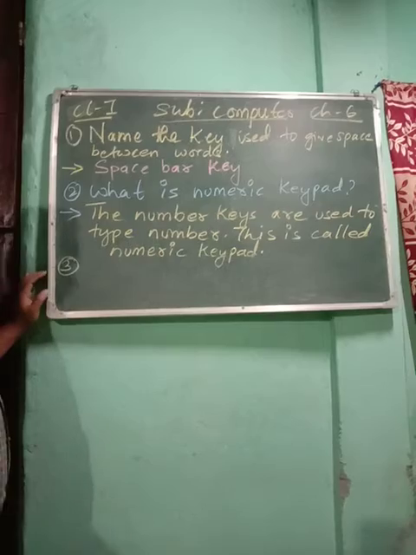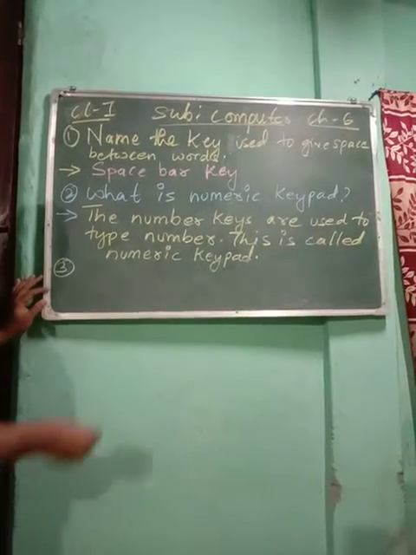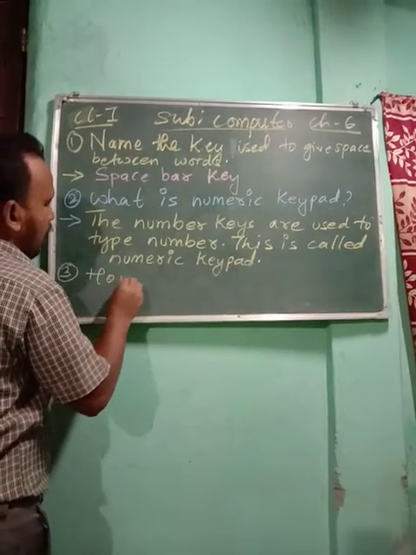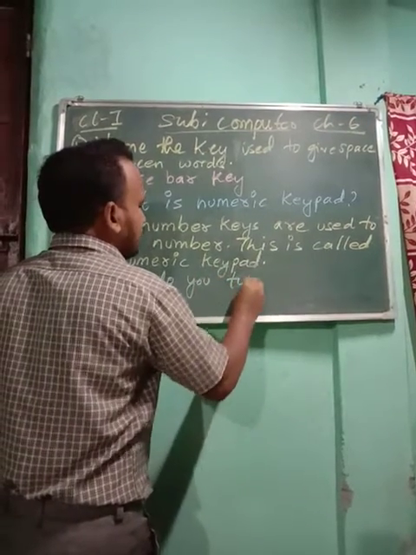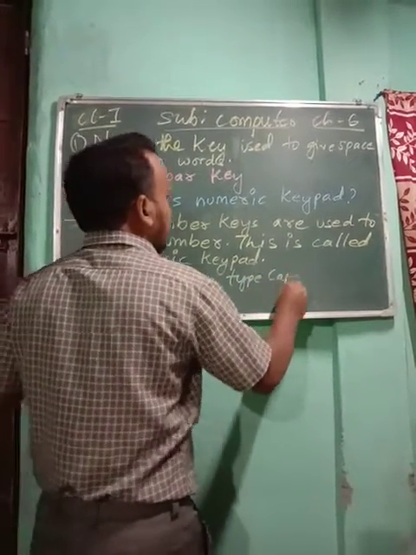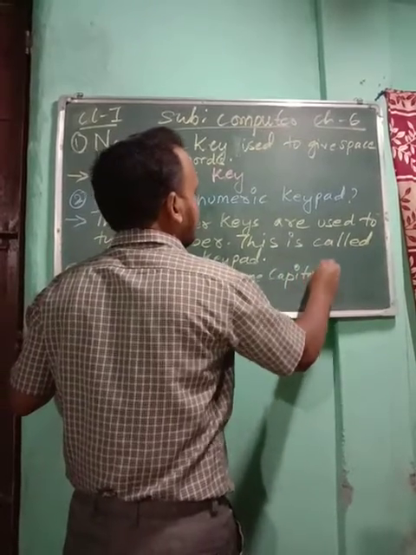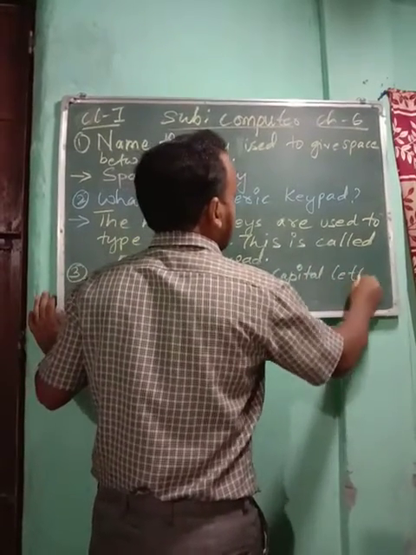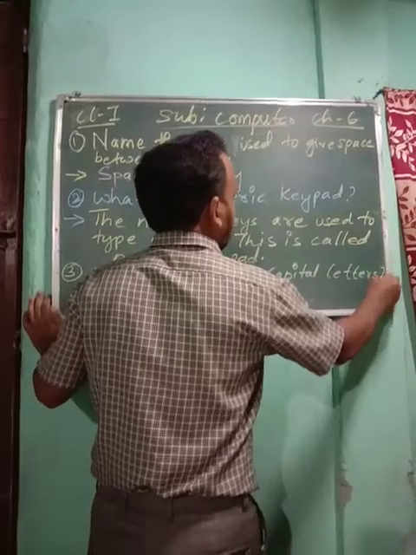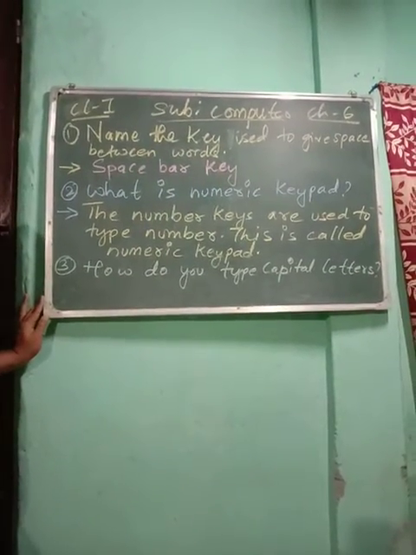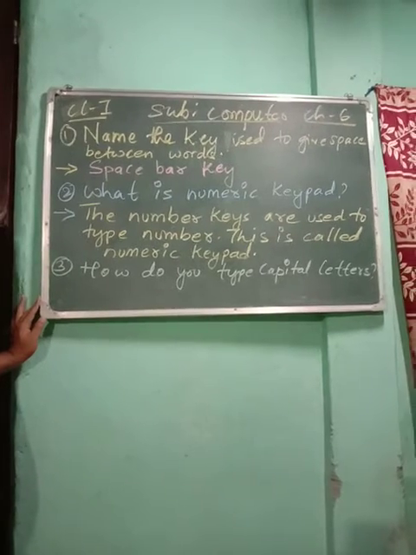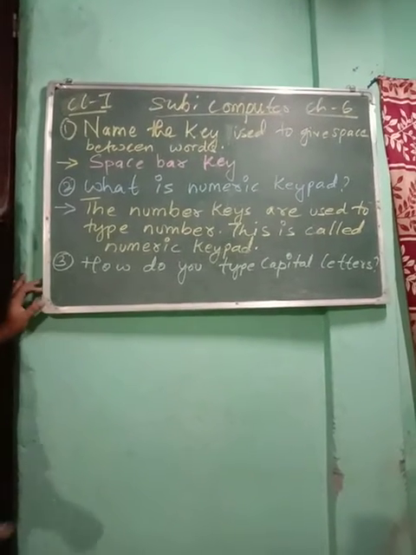Now number 3. Number 3 is: How do you type capital letters? We type capital letters with the help of what? With the caps lock key.